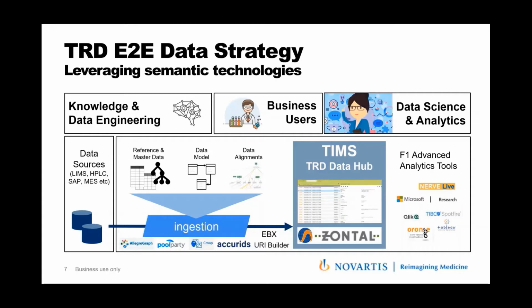We then worked with our company-wide digital colleagues when it came to defining or applying the semantic principles to define master and reference data, to determine the data models, to define the ontologies, so that we do not only create interoperable data within TRD for the various departments, but even along the broader value chain of all of Novartis, from research through development down to commercial production, and that everyone has access to product information.